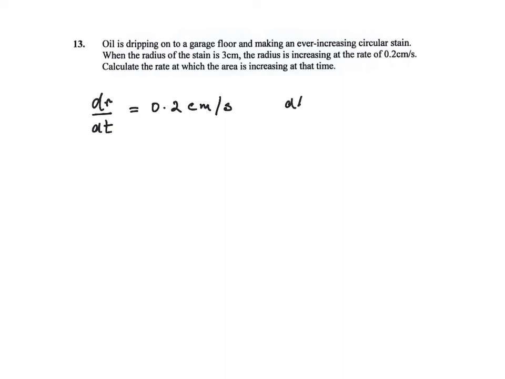What we want to do is to work out dA by dt. Now what is it that links these two? Well, we know that the oil is forming a circular stain, and what we really want then to link these two is dA by dr. Well, if the area is a circle, then area is pi r squared, and differentiating area with respect to r gives us 2 pi r.